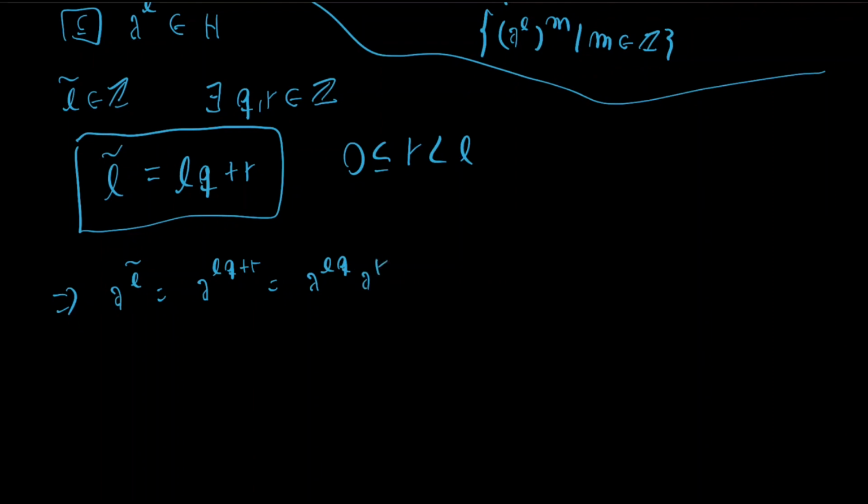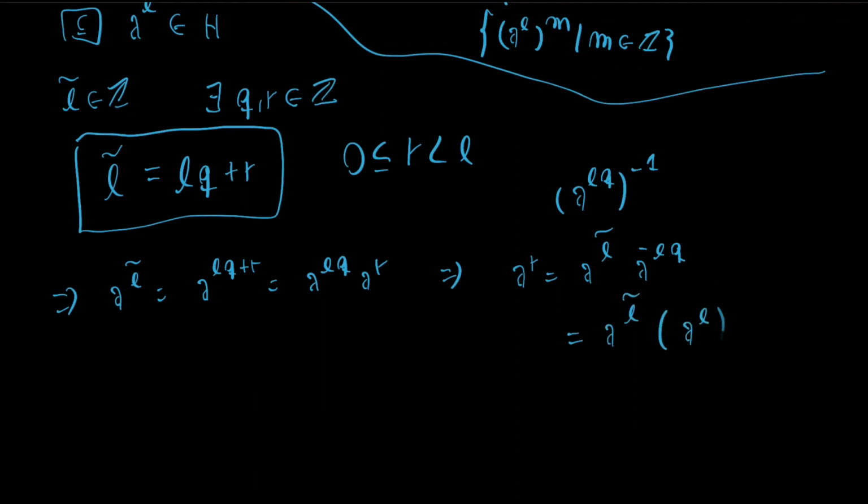But now, multiplying both sides by a to the Lq to the minus 1 yields a to the r is equal to a to the L tilde times a to the Lq to the minus 1, which is just a to the minus Lq. That is a to the L tilde times a to the L to the minus q, where here, of course, q is the quotient.